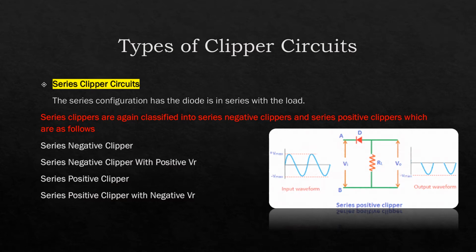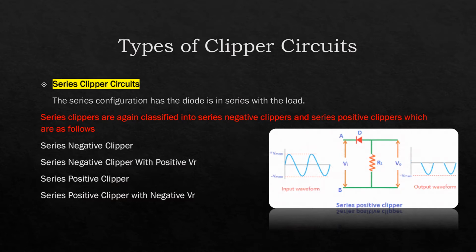Now there are different types of clipper circuits. Generally there are two types: series clipper circuits and parallel clipper circuits. In the series clipper circuit, the diode is in series with the load. That's why it is known as a series clipper circuit, because as in the figure, the diode is in series with the load.